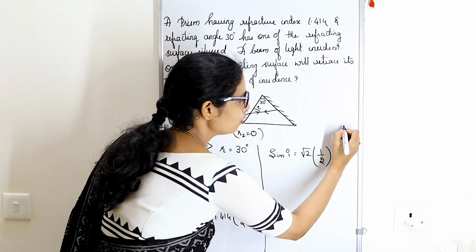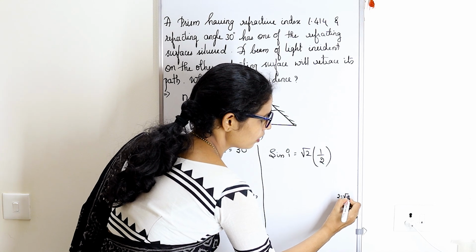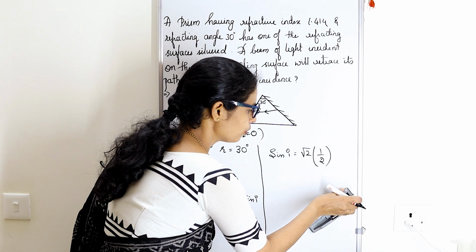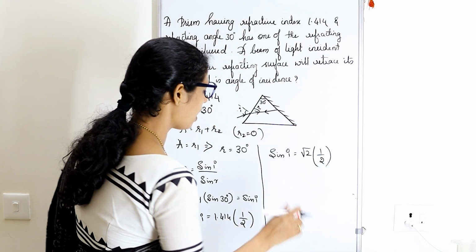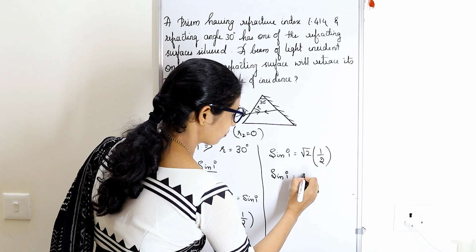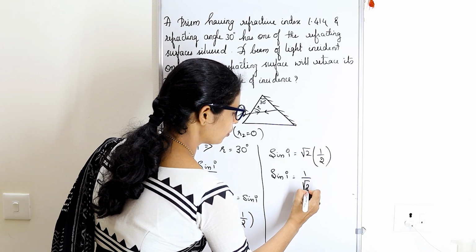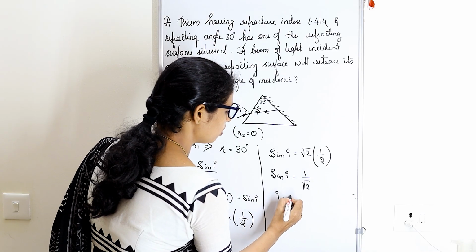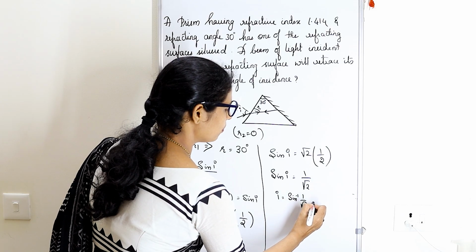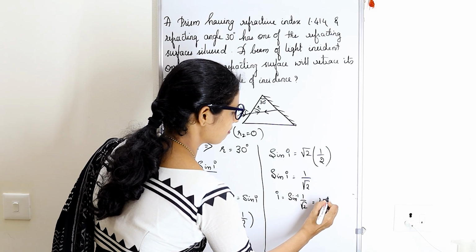Right? So root 2 gets cancelled out. You are left with sin I equals 1 upon root 2, that is I equals sine inverse of 1 upon root 2, which is nothing but 45 degree.